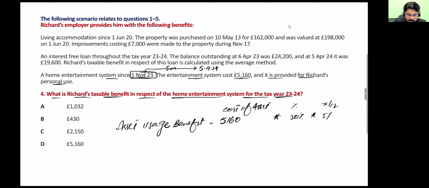The asset is being used for 5 months only. So 5160 times 20% times 5 upon 12 gives us a value of 430. So that's the taxable benefit in respect of the home entertainment system. The correct option is option B.